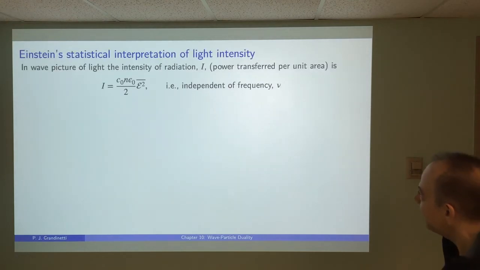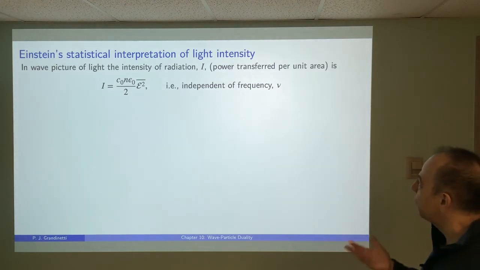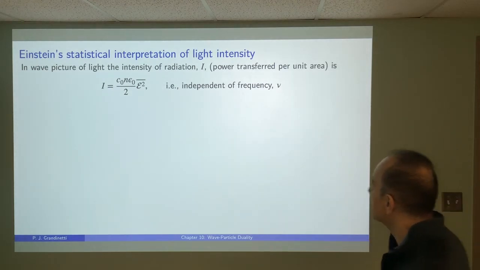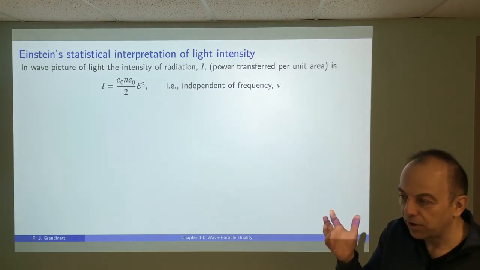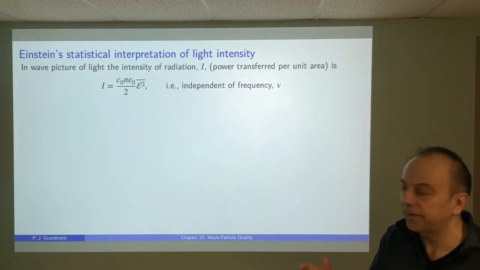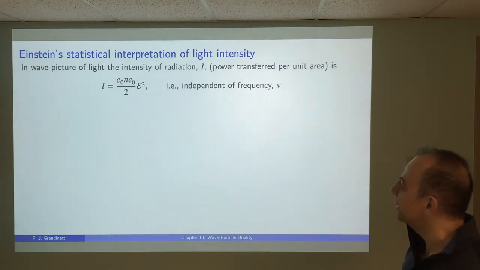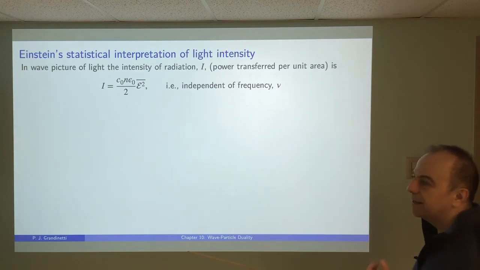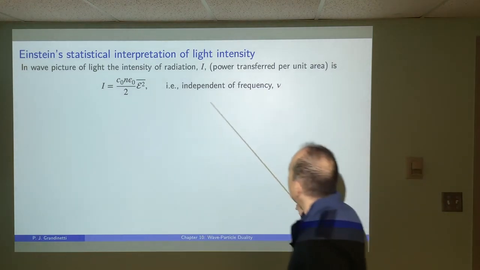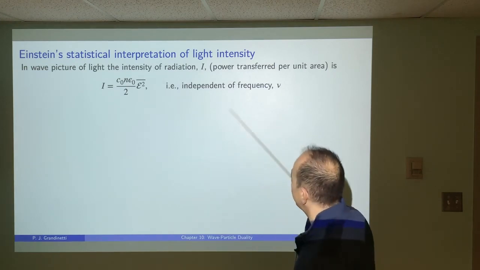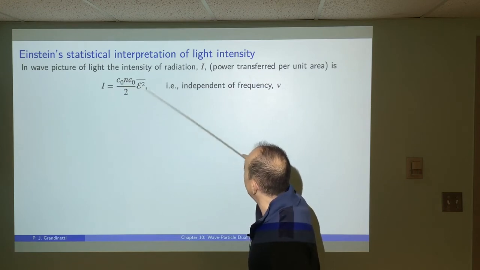Okay. Now, finally, we come to the interpretation of what all this means. Einstein was trying to understand how to interpret the older wave theory picture, that the wave intensity was related to the energy, in this new picture where the energy of the light was equal to h nu. He said, in old classical wave theory, we know that the intensity is given by this expression.